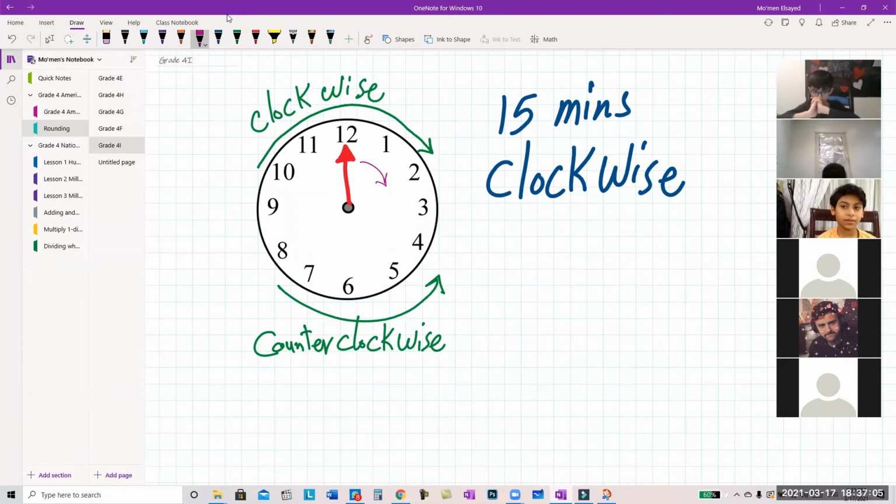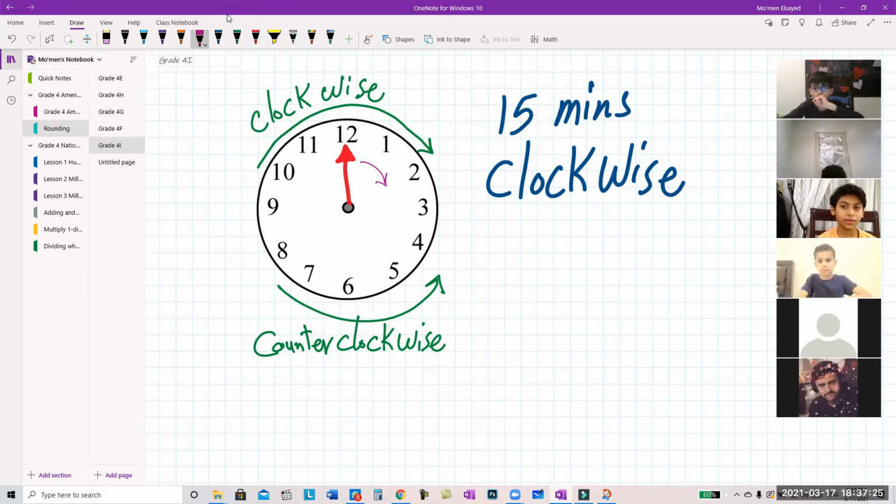Okay, so what is the new position of the minute's hand after we move it? Who can tell me which number we're gonna be at? 15 minutes. Okay, what is the meaning of 15 minutes?